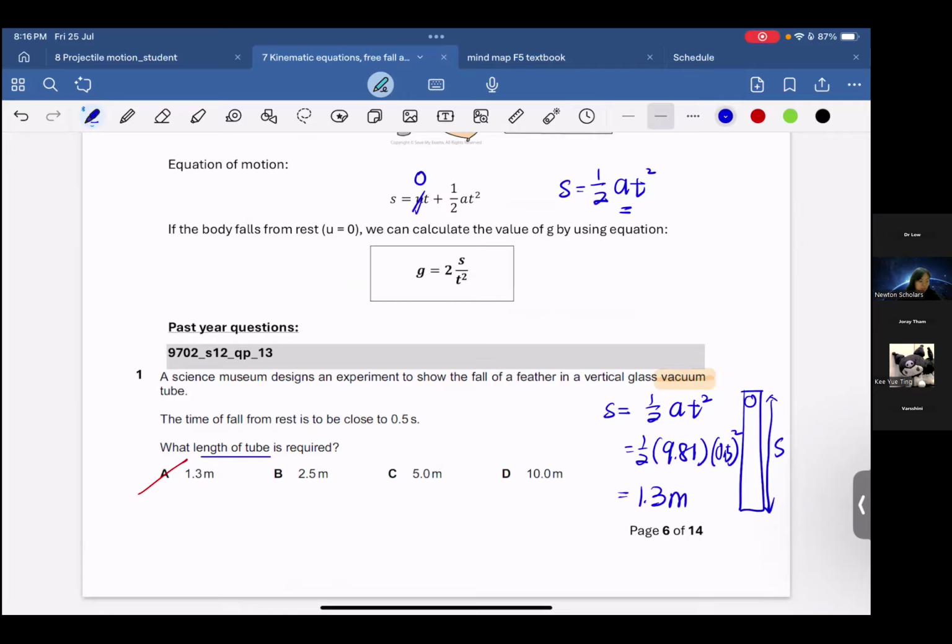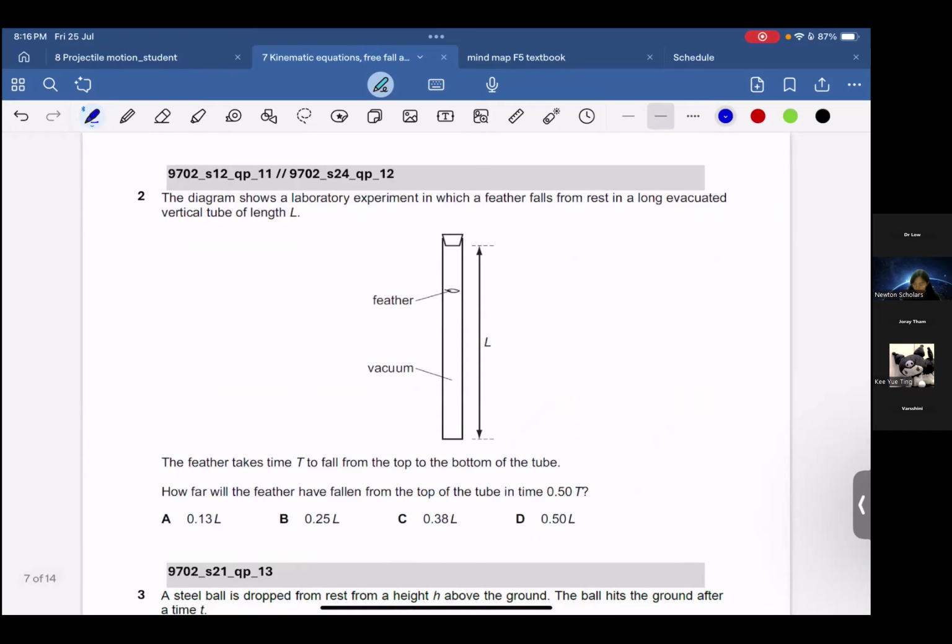Okay, go to page number 7. Try. So at the start, 1 over 2 at squared. This is L. The distance it travels is L, with 1 over 2 a, and the total time it takes is capital T squared.